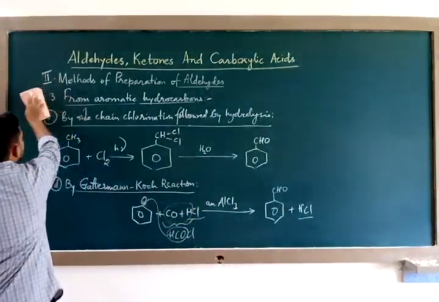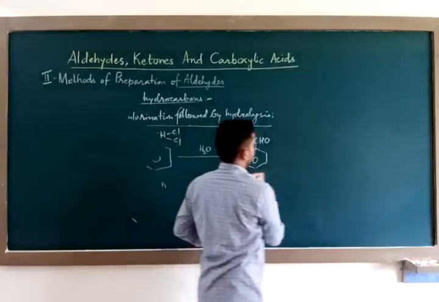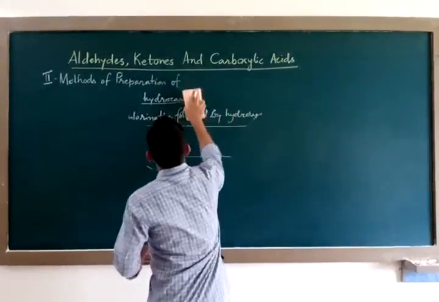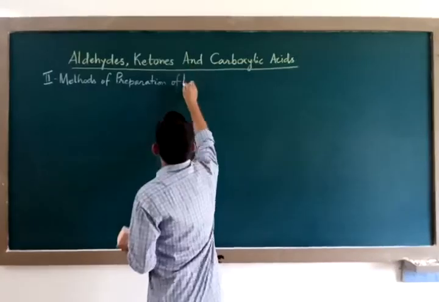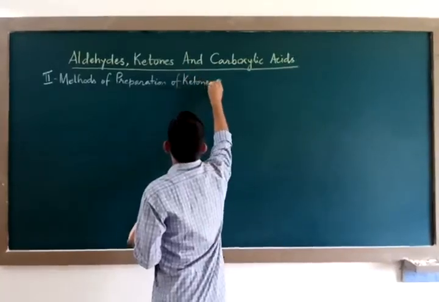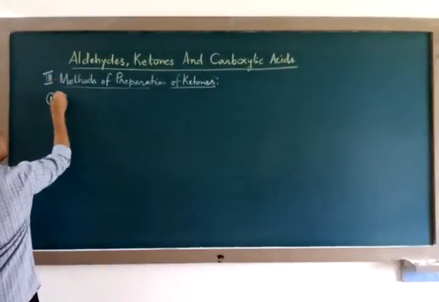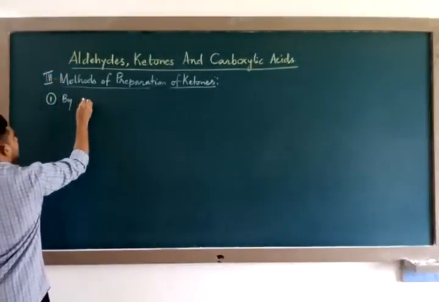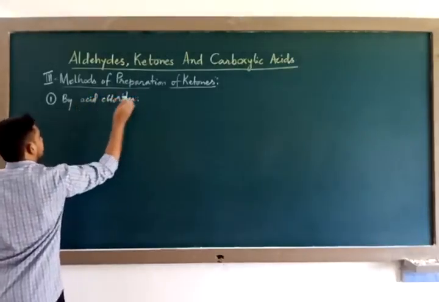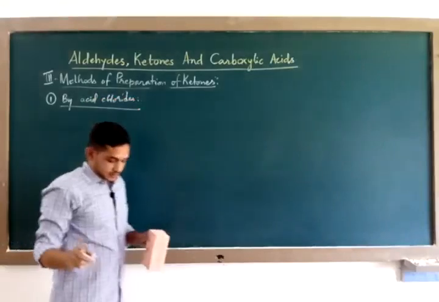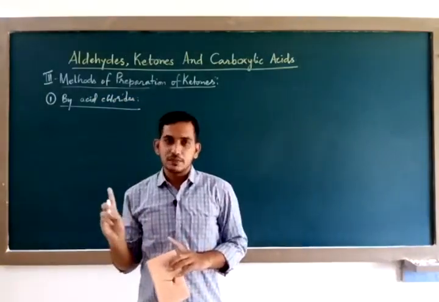Now we shall see methods of preparation of only ketones, because by these methods you cannot prepare aldehydes. Methods of preparation of ketones. The first method is by acid chlorides. In Rosenmund's reduction, the method for preparation of aldehydes, you used the same acid chlorides.